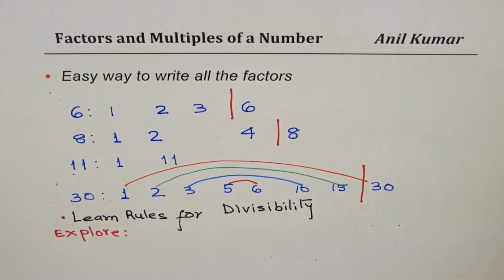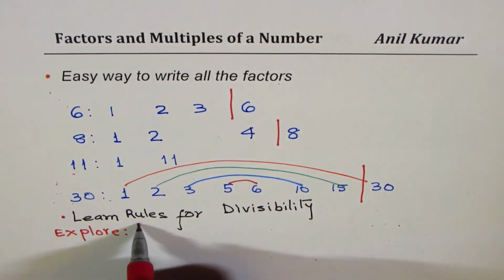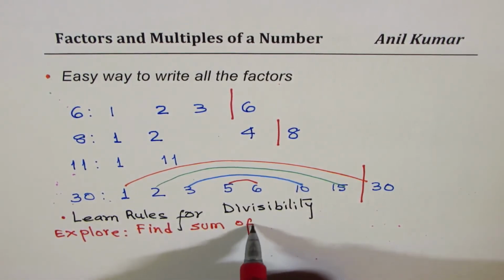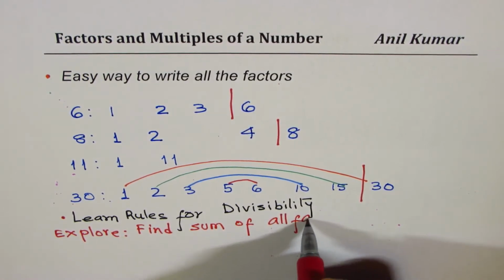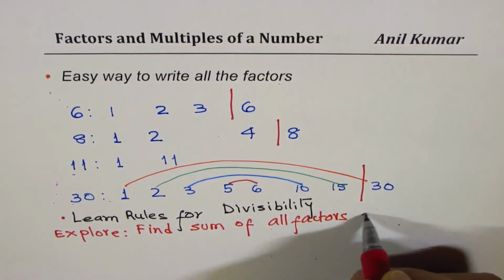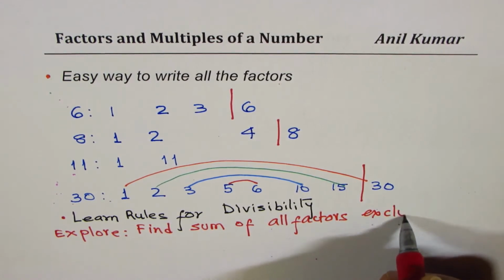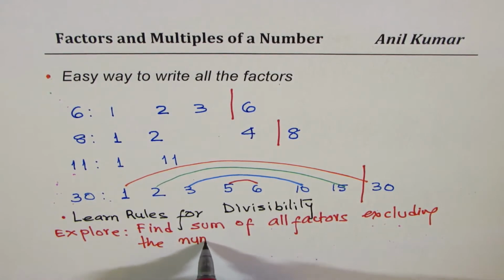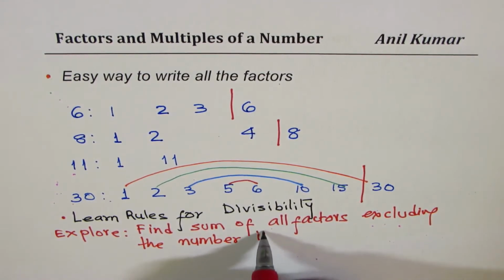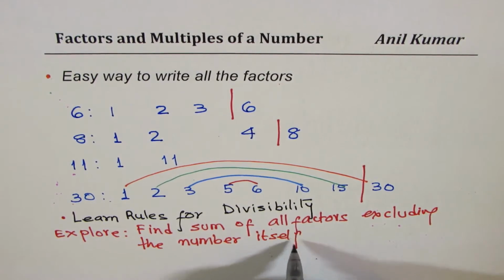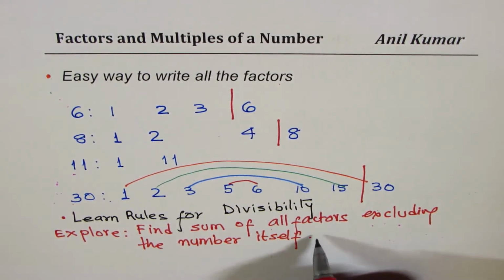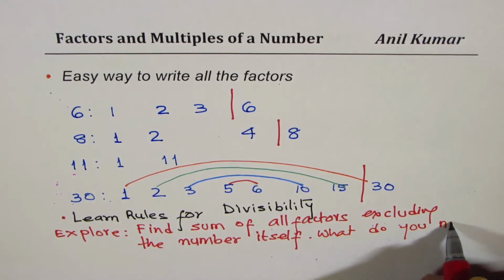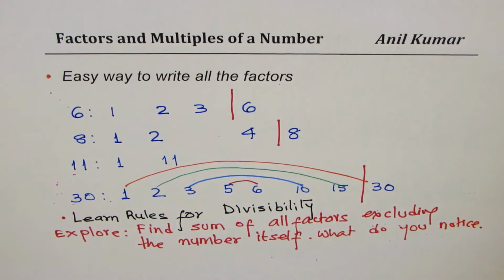But what you do here is find the sum of all factors excluding the number itself. What do you notice? Let's write down, what do you notice? Right. So take a minute to do that.